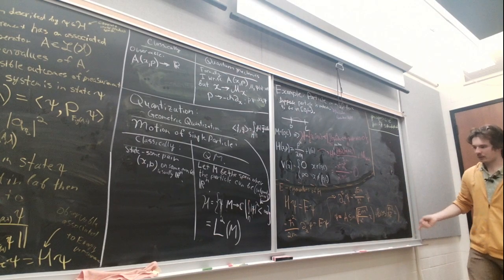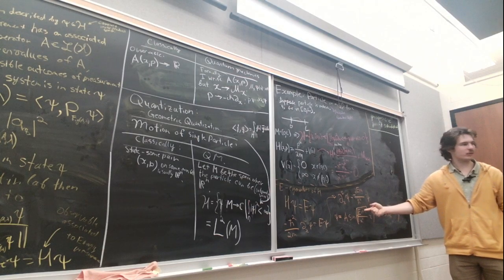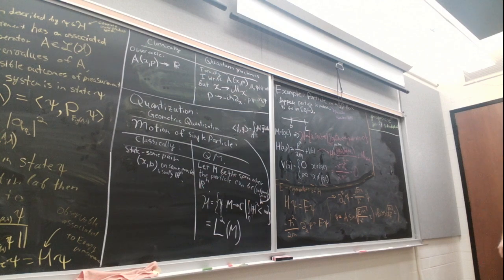Last time, when I did this in office hour, I messed up. I had the 2E over m at the bottom and H bar squared at the top. I just messed up.